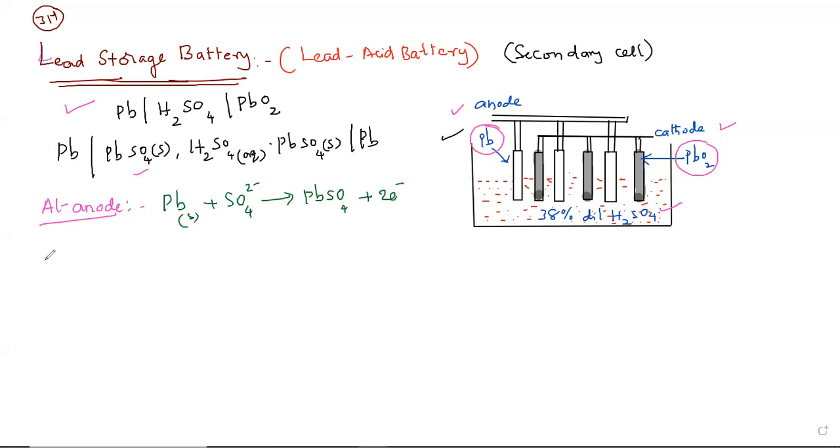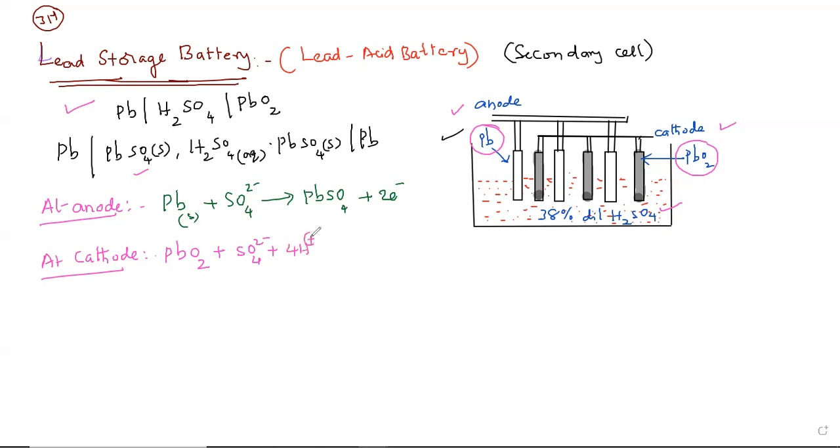What about the cathode reaction? At the cathode, what kind of reaction takes place? As you all know, the cathode reaction is a reduction reaction, and this reaction is possible when PbO2 comes in contact with the sulfate ions as well as the acid. The sulfate ion is SO4 2 minus, and the acid ions are H plus ions.